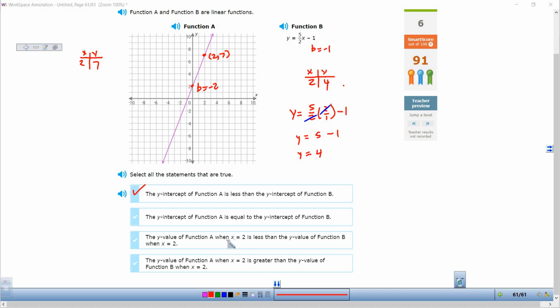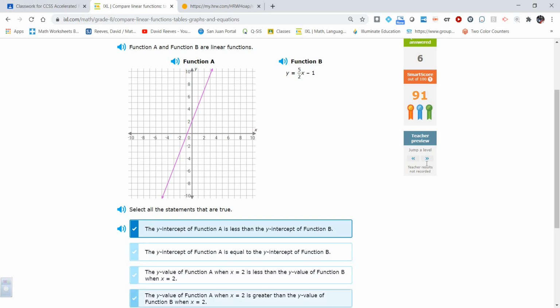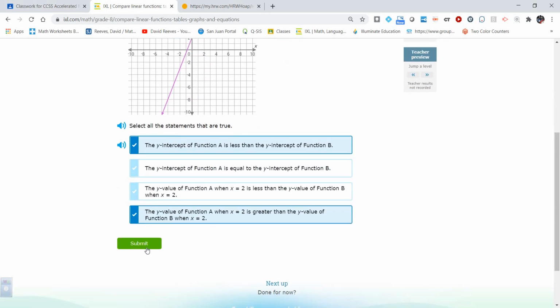The y value of function A when x is 2 is less. No, this was 7, this was 4. The y value of function A is greater. Yes, right? The y value of function A was 7 when x was 2. Here it was 4. So it's actually the first one and the last one that are true.